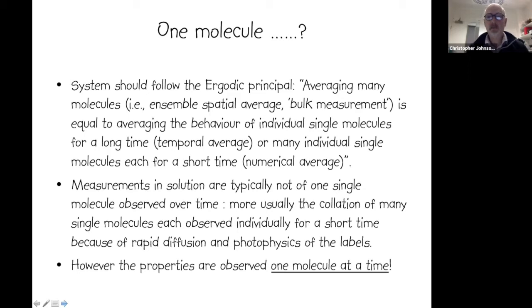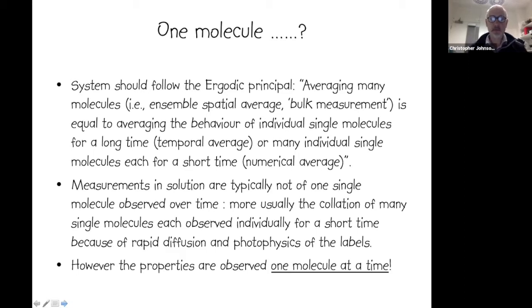This meaning that if we average many molecules, just as we do in an ensemble spatial average, or what we can commonly call a bulk measurement, this is equal to averaging the behavior of individual single molecules for a long period of time. So we would look at one molecule for a long, long period of time.